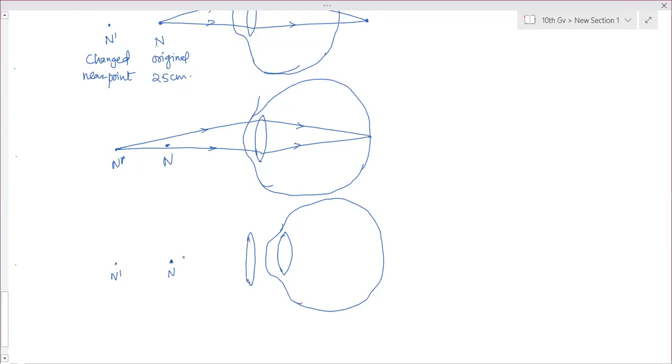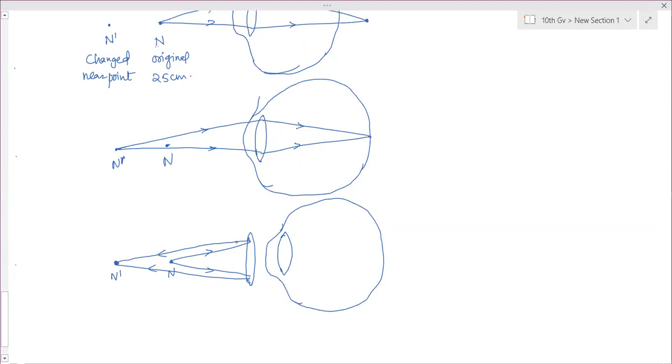Rays from this N first fall on this convex lens. These are the incident rays. A virtual image is formed at N dash. Now this image becomes the object for the eye lens.